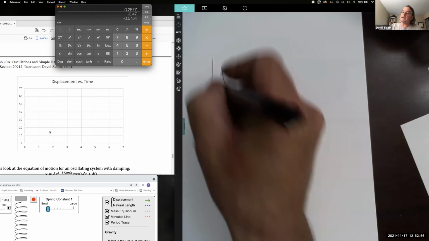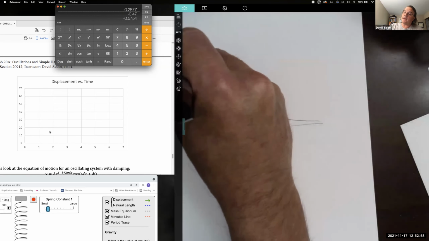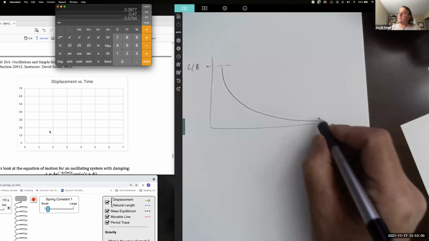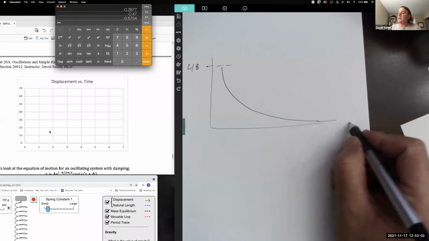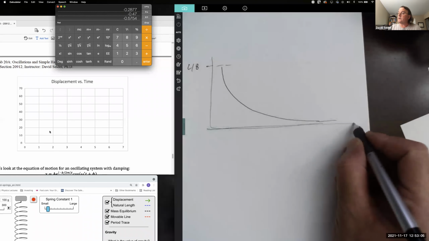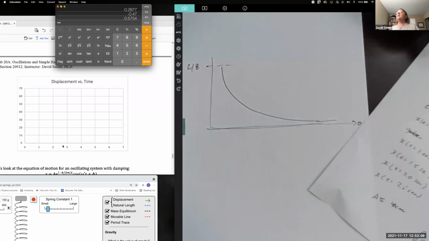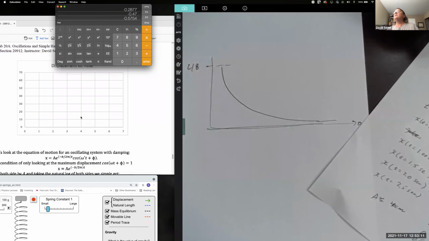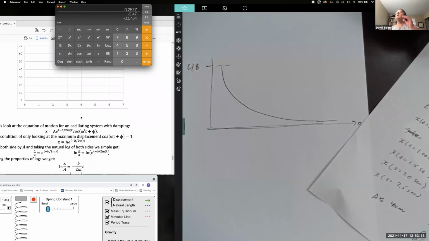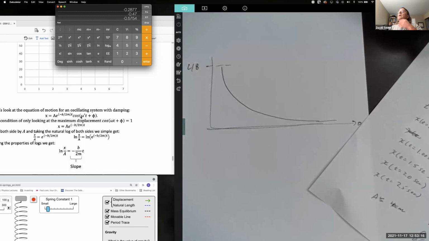Okay, and it's going to start at, say in my case was 48, and eventually it's going to head towards 0. Right down here is 0. Now, the maximum displacement is when this term here equals 1.